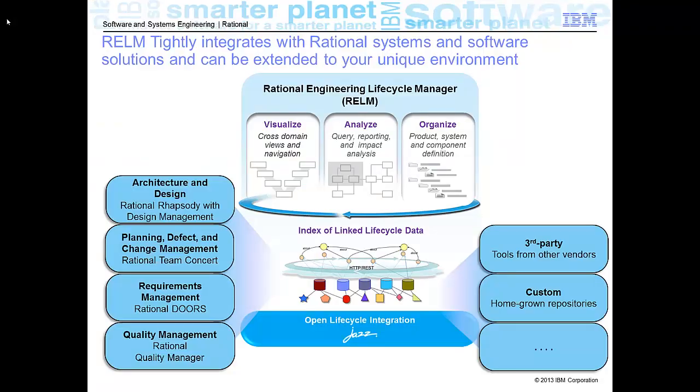We've seen how Rational Engineering Lifecycle Manager enhances IBM's solution for system and software engineering to enable organizations building complex products and systems to visualize, analyze, and organize engineering data across multiple engineering disciplines.